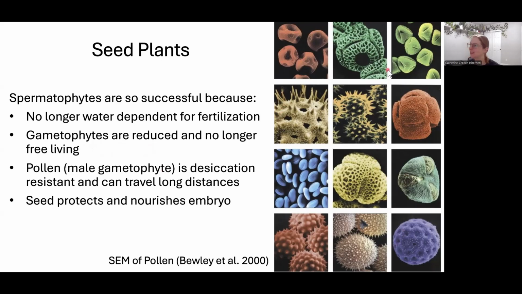The color is fake. This is from scanning electron micrographs. So this is itty-bitty, barely visible, and it has to be really small with all this ornamentation because the pollen is usually wind dispersed. And these little holes and divots and projections would catch the wind and then they'd blow away.